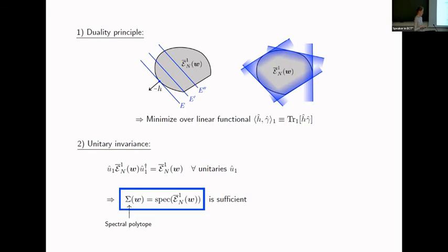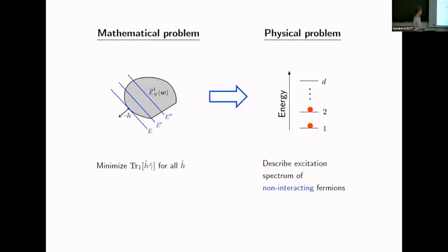And of course, by unitary transformations, we don't change the spectrum. But what this means is that we can reduce to describing only the spectral polytope Σ(W), which is just the set of all possible spectra. And that's sufficient.